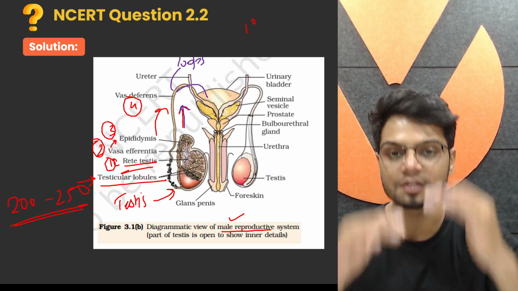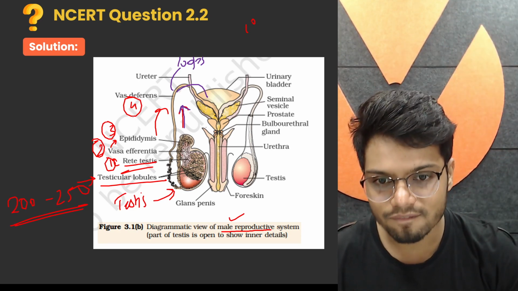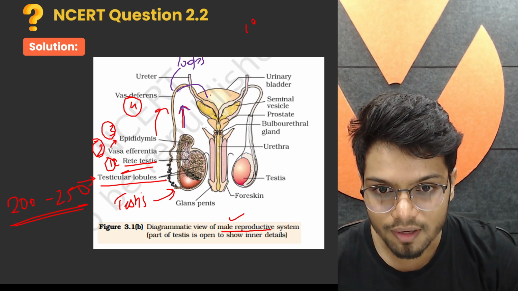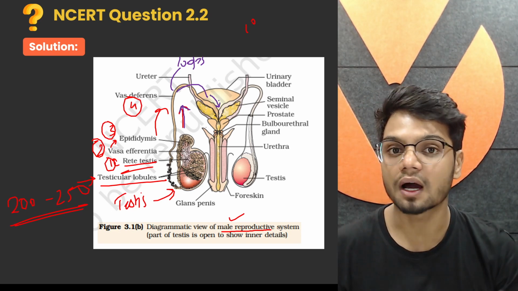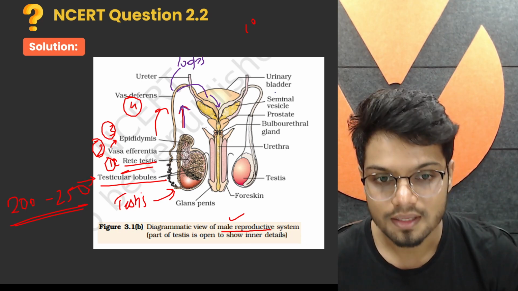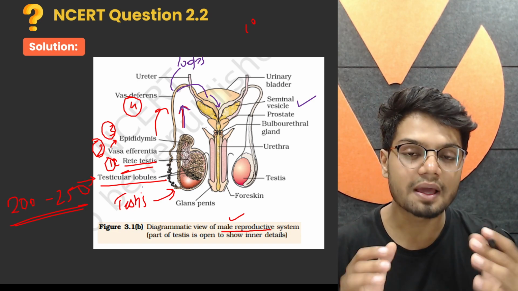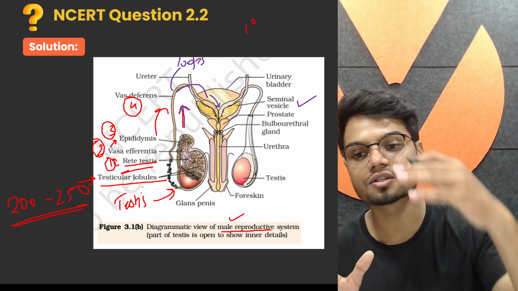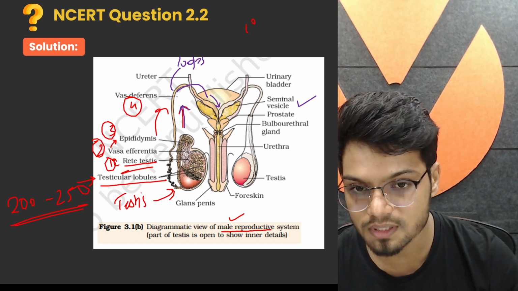Finally it reaches here, where the vas deferens is connected with another duct called the seminal vesicle. The seminal vesicle will provide secretions. The vas deferens is carrying sperm.